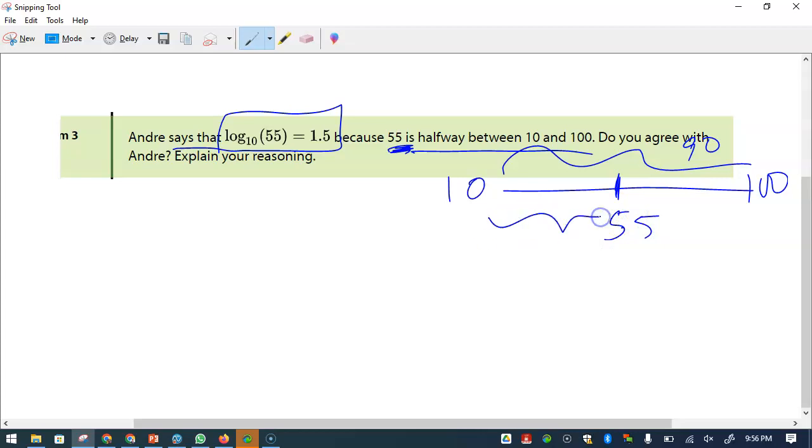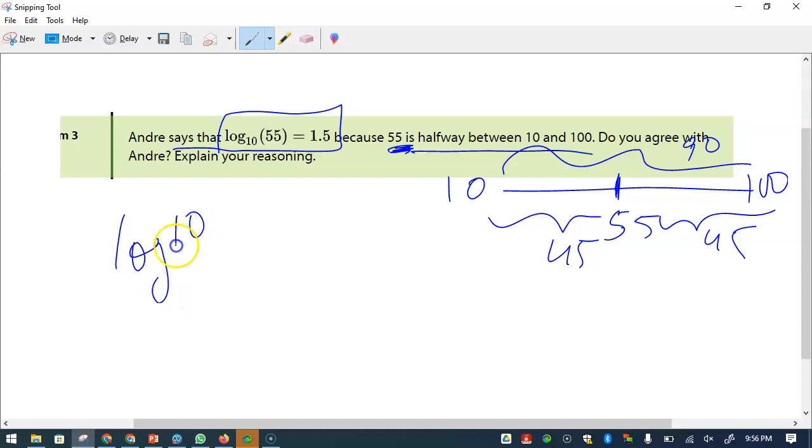If you see, 10 to 55 is 45 and 55 to 100 is also 45. And he thinks the logarithm of 10 to the base 10 is 1 because 10 raised to 1 is 10. And he thinks the logarithm of 100 to the base 10 is 2.